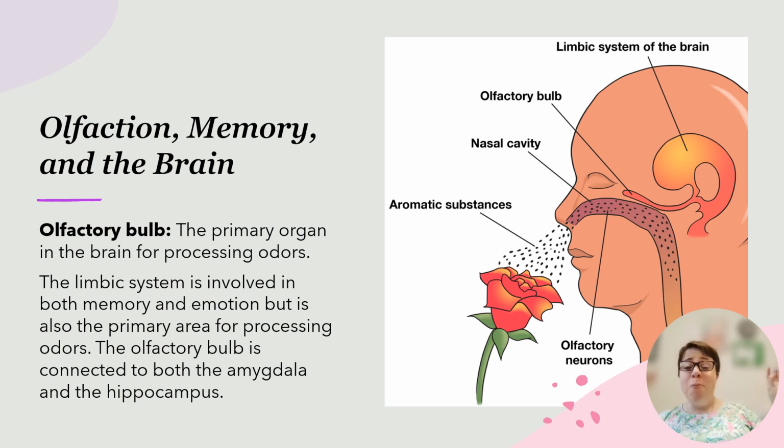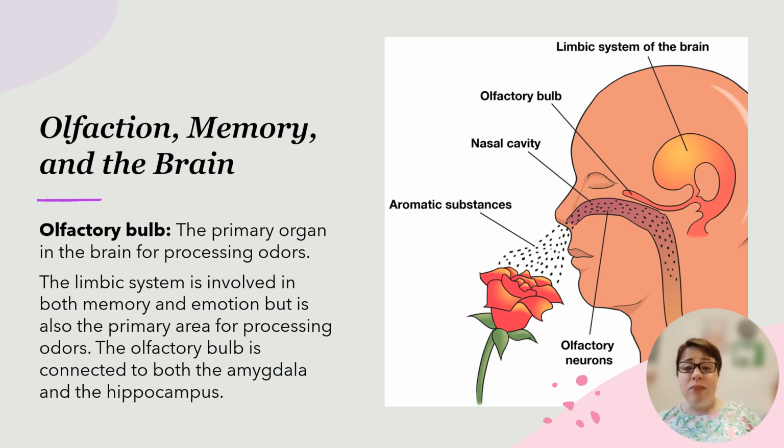But the olfactory bulb is heavily connected, neuronally speaking, to important memory systems in the limbic system, most notably the hippocampus and the amygdala. And these strong neural connections provide the basis for the strong association between odors and both memory and emotion. Right?